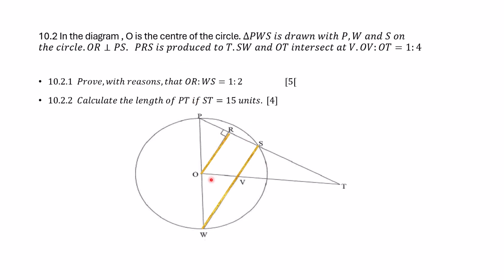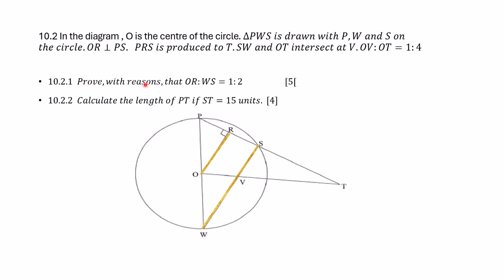PRS is produced to T, so PRS is extended to T. SW and OT intersect at V, where OV and VT are in a ratio 1:4. So meaning if OV is 1, VT would be 4. If OV was 2, VT would be 8. That was 3, 3 times 4, VT would be 12. So that's basically what they're giving us in a ratio format.